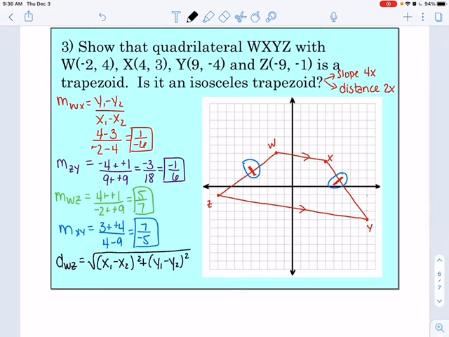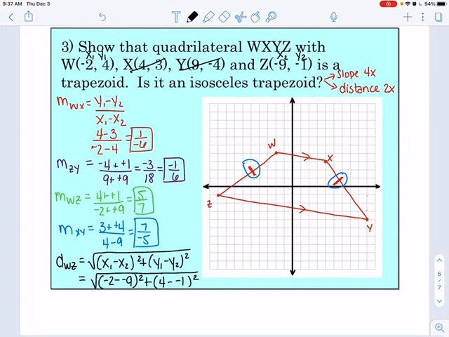Okay, so again, I'm concentrating on W and Z, so x1, y1, x2, y2. So I'm going to have the square root of x1, which is -2 minus -9, and I need to square that, plus y1, which is 4 minus -1, and I need to square that.